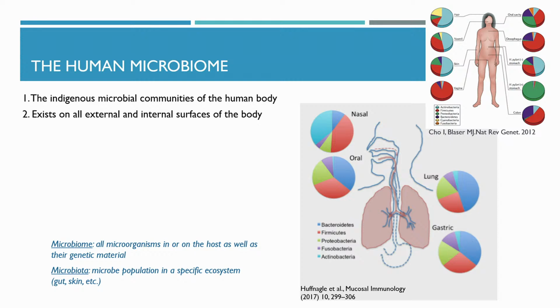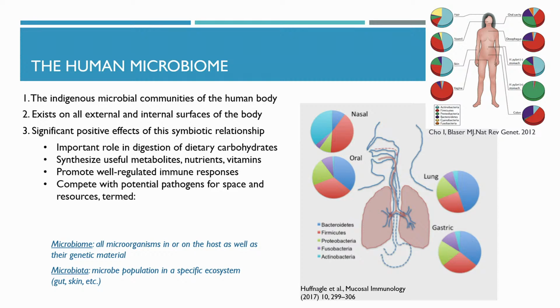So the microbiota exists on all surfaces. They can be external or internal. Internal could be your organs, external could be your skin, your hair. There are significant positive effects of symbiotic relationships that we talked about between the different microbes. They also help promote well-regulated immune responses by your immune system.